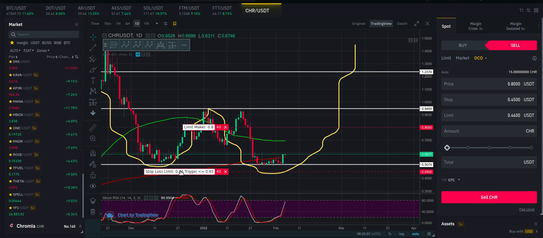So it is the 0.46 that would trigger 0.45 to stop you out. Then the limit maker 0.80, this is your take profit. So any one of these that is being executed will automatically terminate your trade and will now cancel the other order.